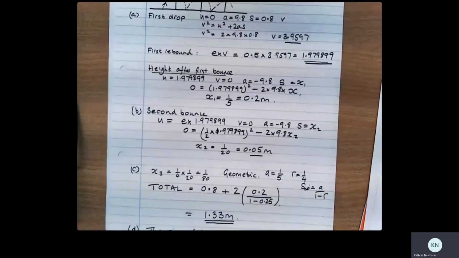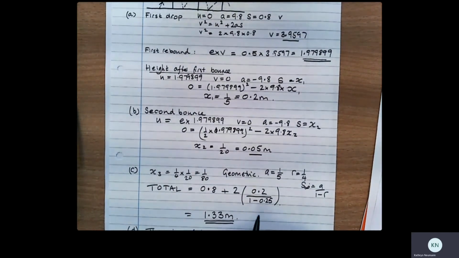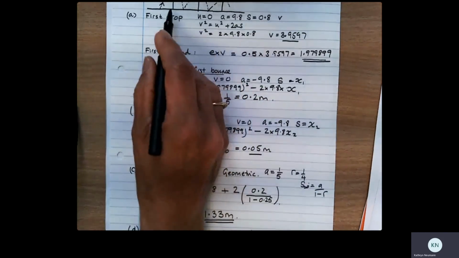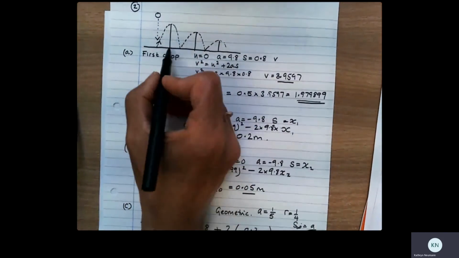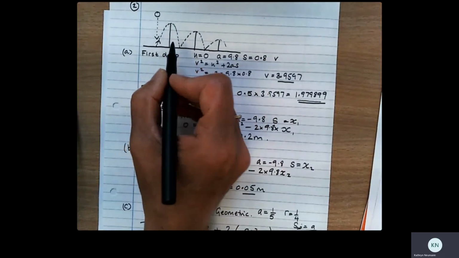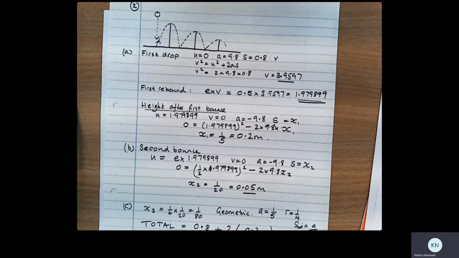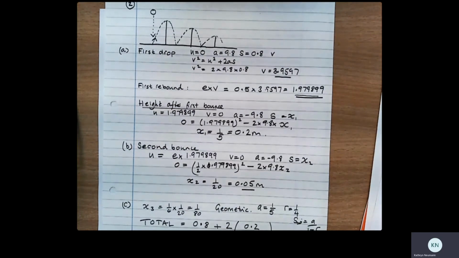So you're not expected to learn any formula for finding the total distance travelled, but you are expected to be aware that if things bounce repeatedly on a horizontal surface like this, the heights will form a GP, and you're usually led through it in the question to work out what the values for A and R will be.